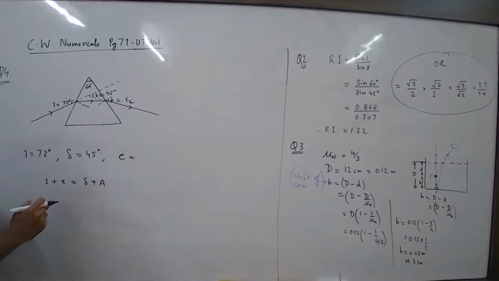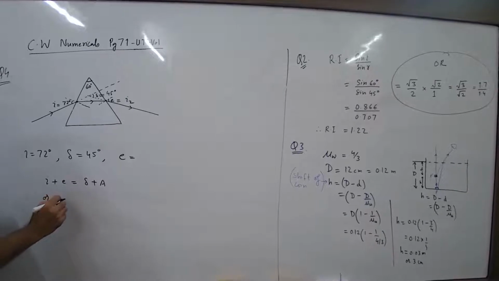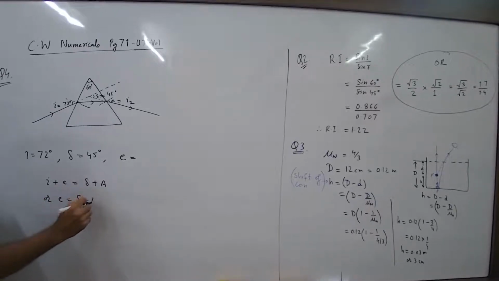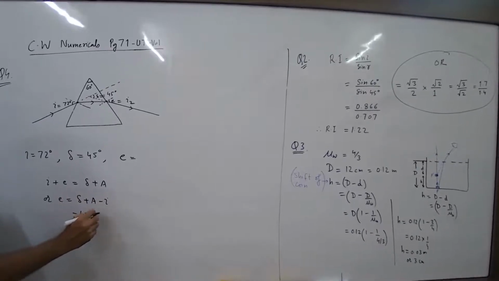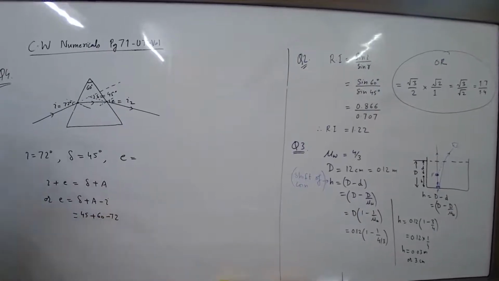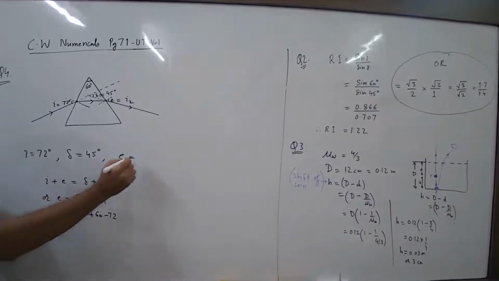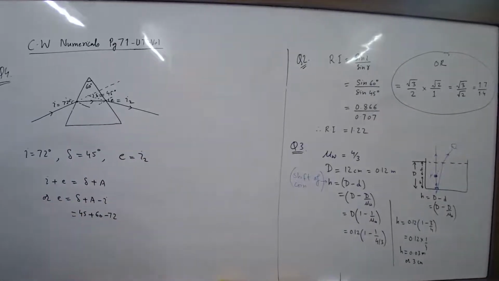So E is equal to delta plus A minus I. So delta is 45, A is 60, I is 72. Okay, so angle of emergence is I2 as per your book.